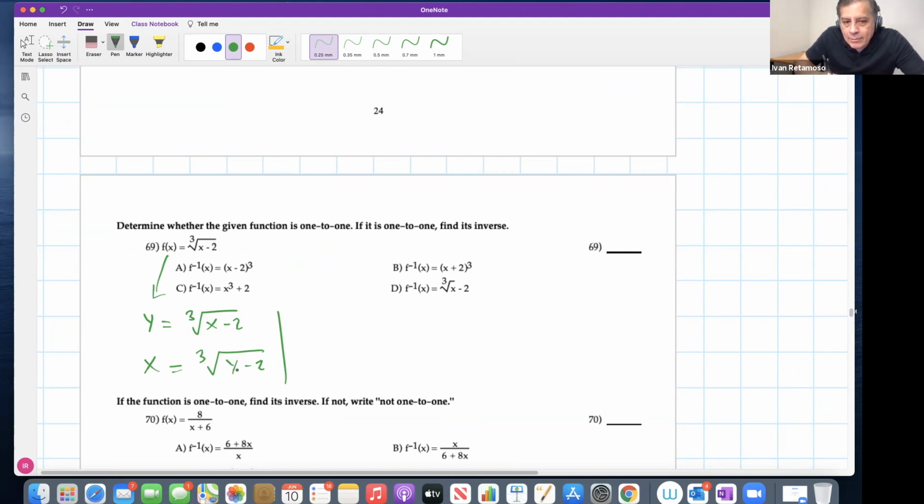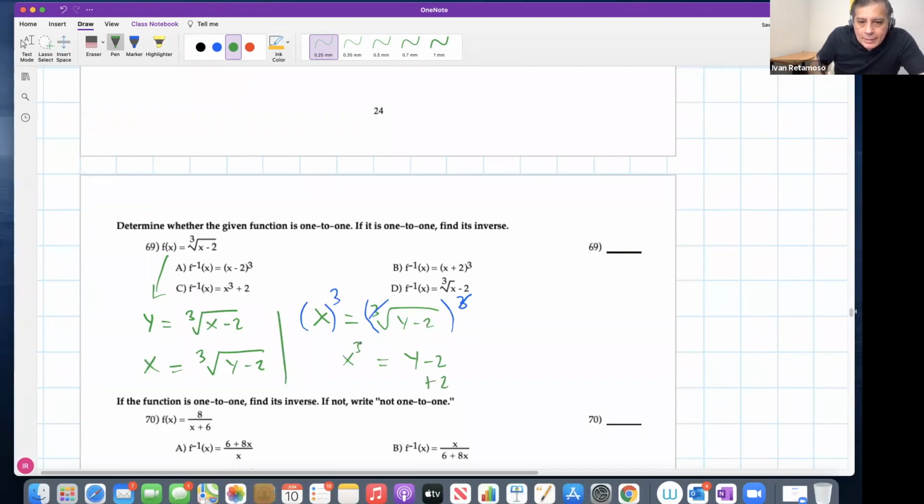Third step, the longest, isolate y. In order to isolate y, I'm going to raise both sides of this equation to the third power. Why to the third power, Professor? Because I want to get rid of this index 3 on the radical. So y minus 2 equal x cubed. And adding 2 to both sides will isolate completely y.